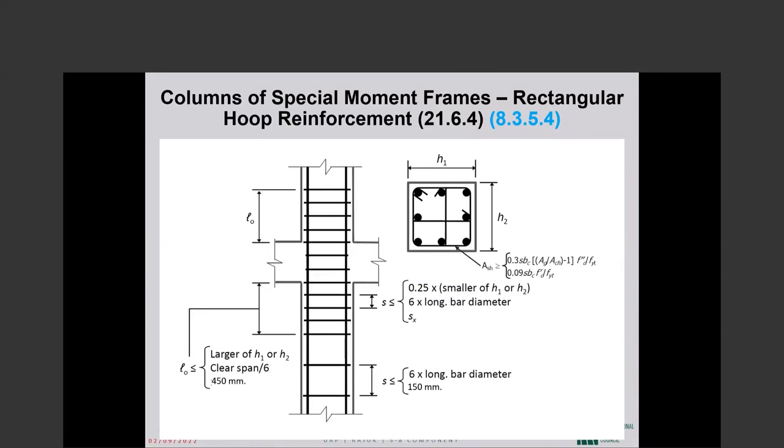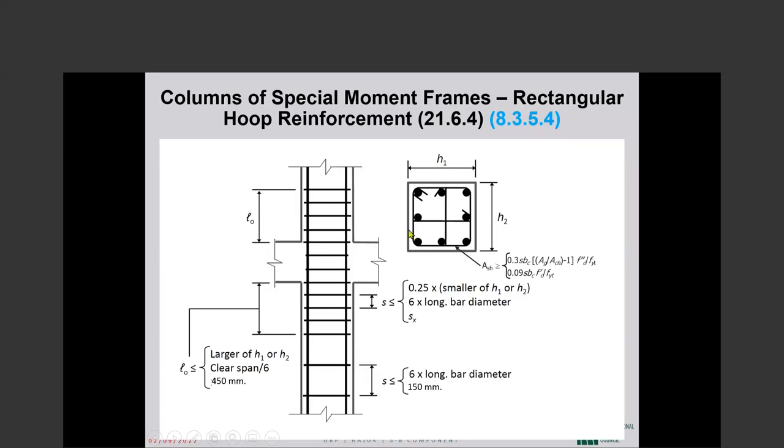Now, to make things worse, these hoops must have a total cross-sectional area of the legs in each orthogonal direction.